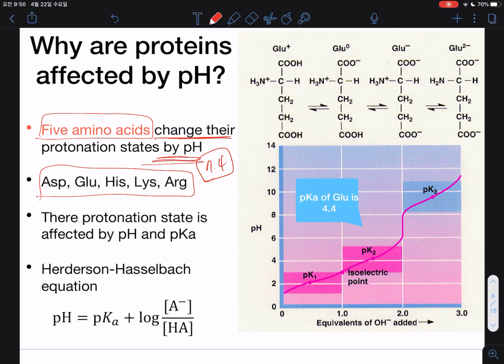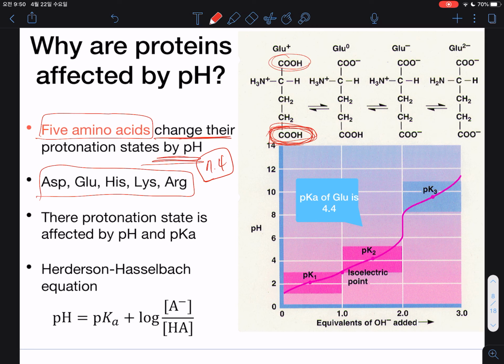For example, glutamate has a carboxyl group at the end, but at low pH, this carboxyl group likes to have a proton at the end. So they want to be in this form.